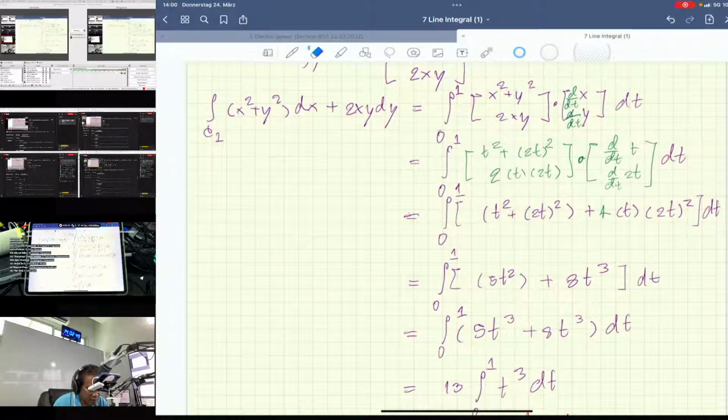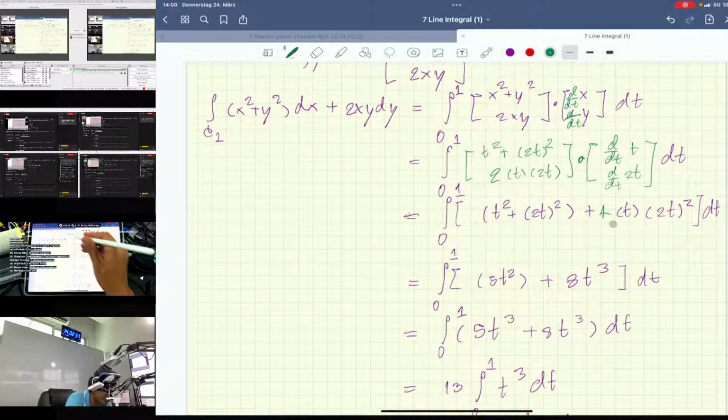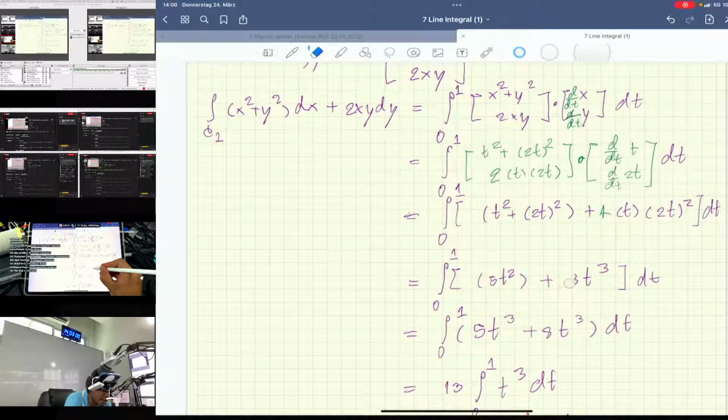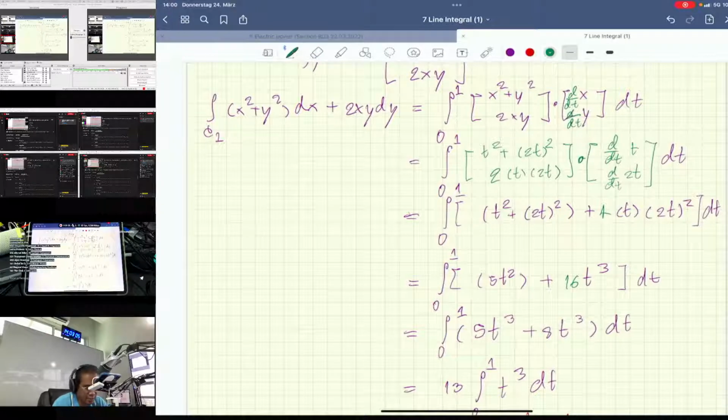And this one is 14. 4 is going to be 16. 16t square, right? T to the power 3 in here.